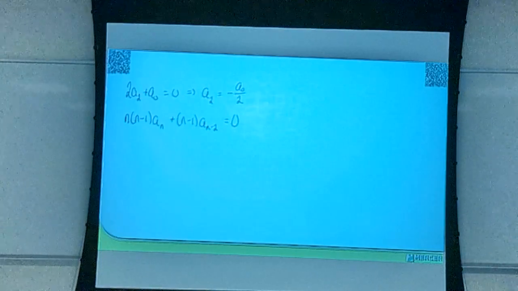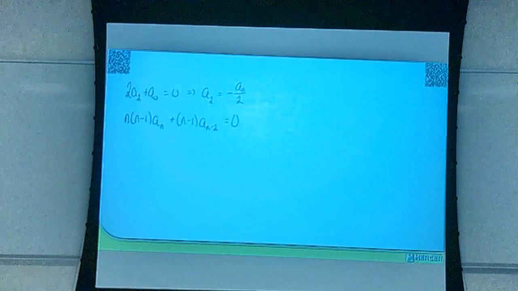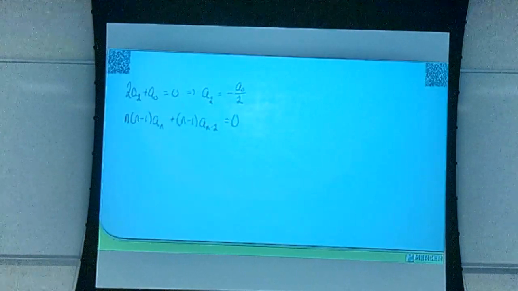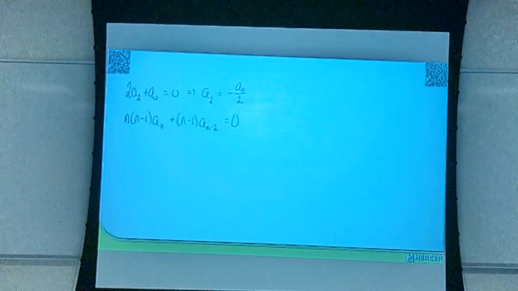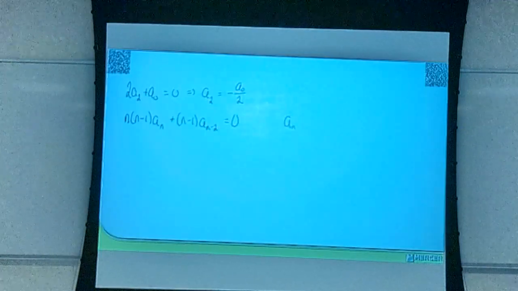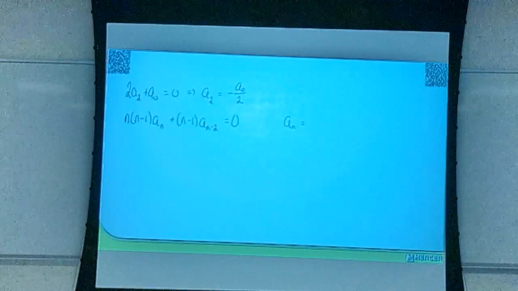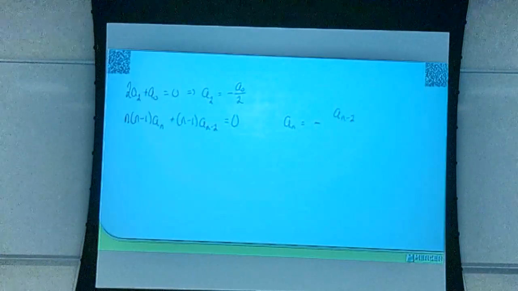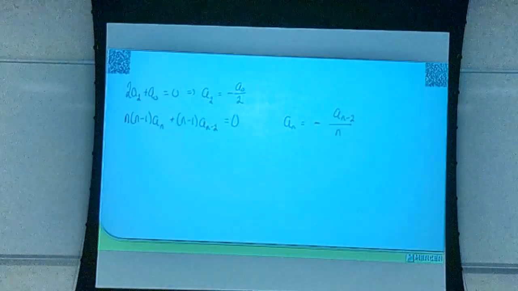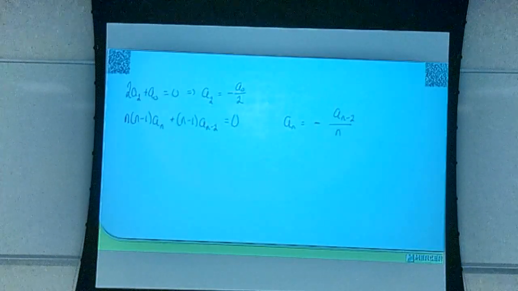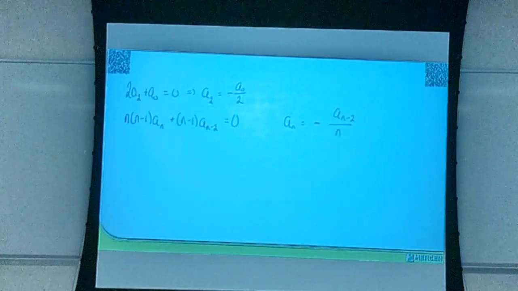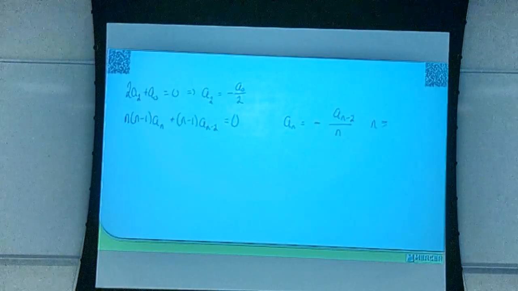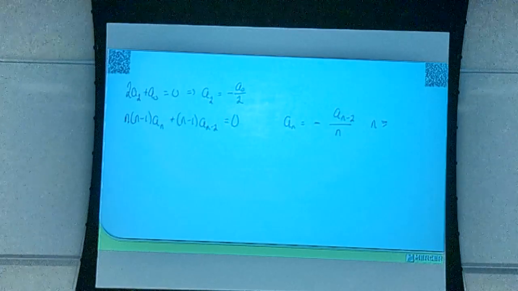A2 is negative a naught over 2. And our recurrence relation, oh, that's a nice one. Right, because your n minus 1 terms are going to wind up dropping out. For n greater than or equal to 3.